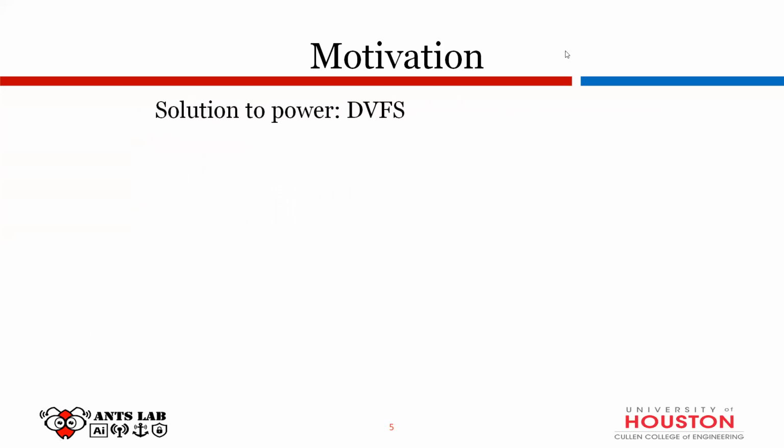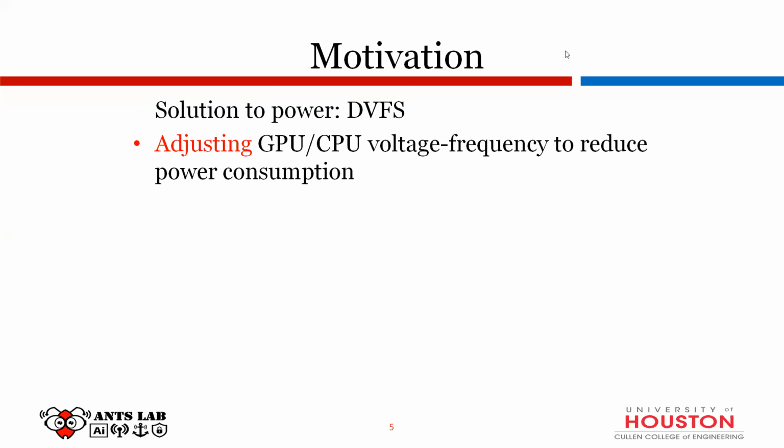So the first solution to power consumption is DVFS, which is dynamic voltage frequency scaling. Basically, it adjusts the CPU or GPU voltage frequency to reduce the power consumption. And the solution to overheating is thermal throttling.